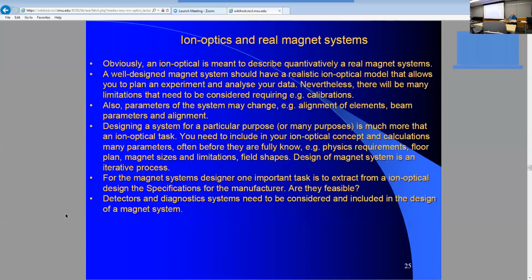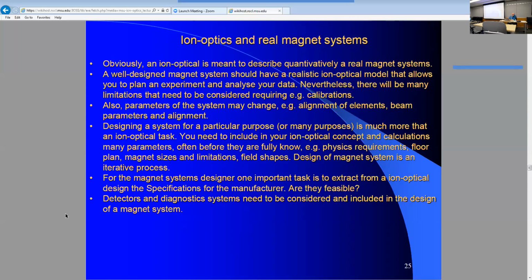And alignment of the beam. There are 2 alignments. One is the alignment of the elements. They are supposedly not to change very much, but the beam may come in differently from tune to tune. So you need to talk to the operator, or you need to measure these parameters, to know that what you're calculating has something to do with what you actually have.